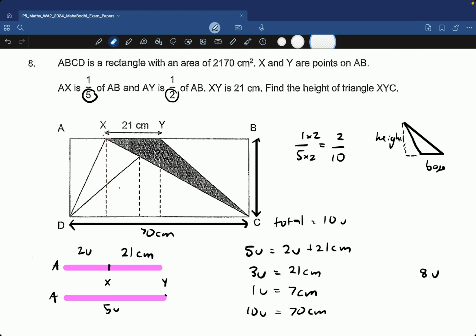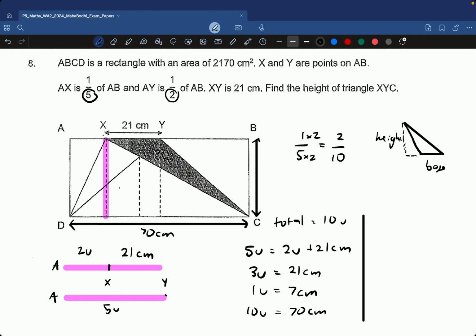Since the dotted line is here, it's also the same length as the height of the rectangle. So if we are able to get BC, we are able to get the height of triangle XYC. So what this means is that we have the area, which is 2170.